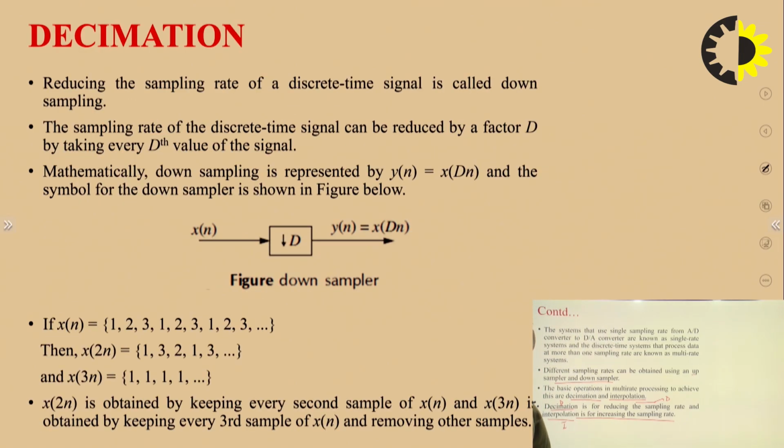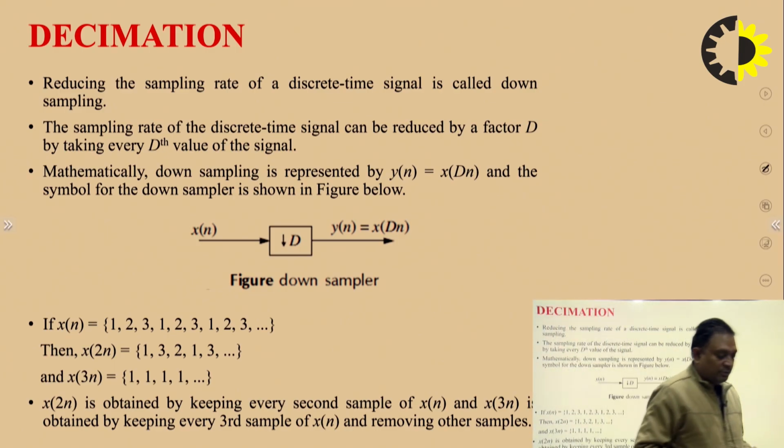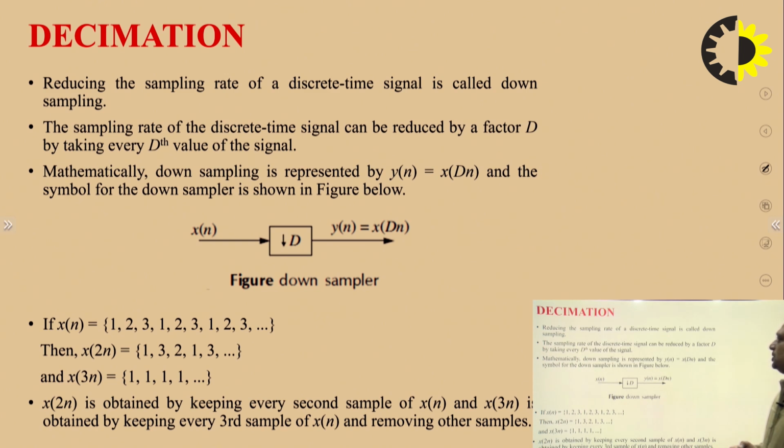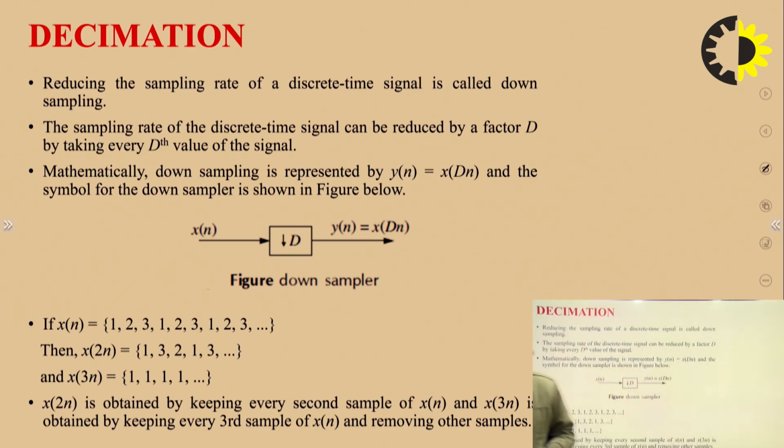In this particular lecture, I will focus more on the decimation part. Reducing the sampling rate of a discrete time signal is called downsampling. The sampling rate of a discrete time signal can be reduced by a factor D by taking every Dth value of the signal.